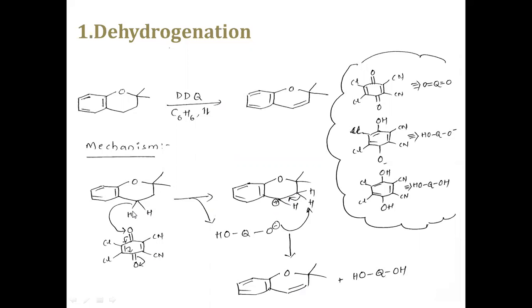Here one hydrogen is removed as hydride ion, and another hydrogen is removed as a proton, H+. So one molecule of H2 is removed, and you get this molecule. Here the reactant is converted into product. So in this case, DDQ is helpful for dehydrogenation, that means removal of an H2 molecule.